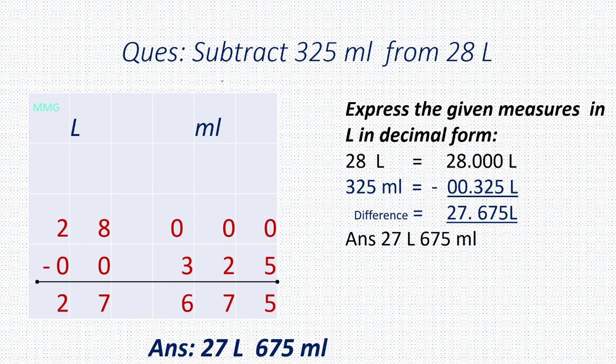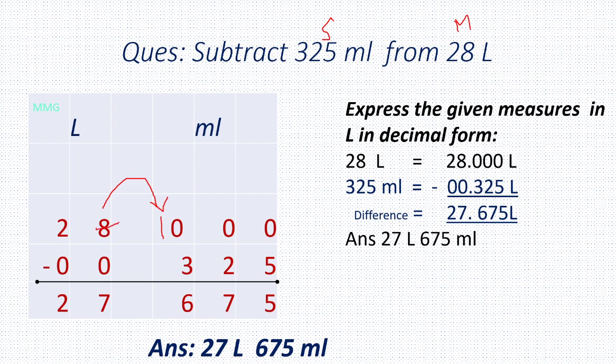So look here children, your question is subtract 325 milliliter from 28 liter. Here your 28 liter is your minuend and 325 milliliter is your subtrahend. Now you can see here we have 0 at the 1's place, 10's place and 100's place at the top position. So we will borrow 1 liter from here, it will become 1000 milliliter.